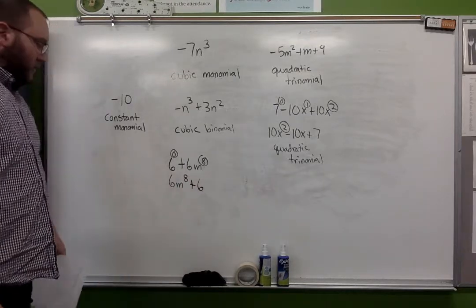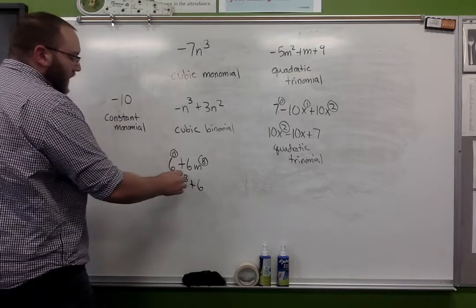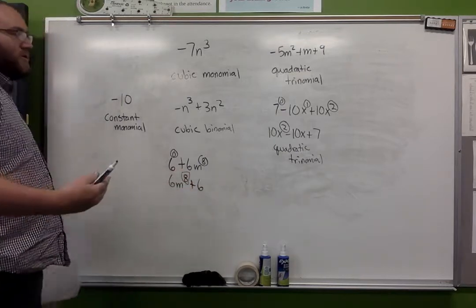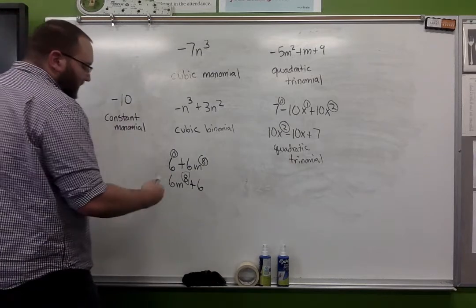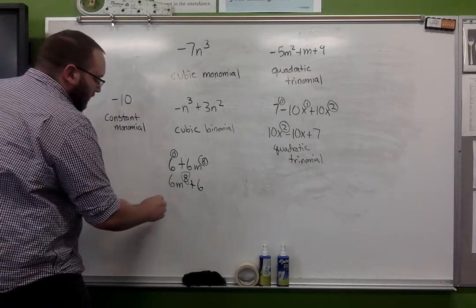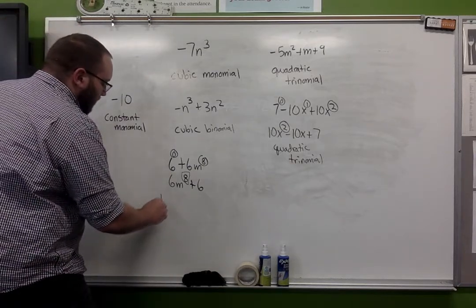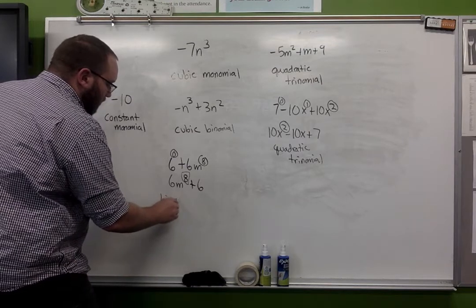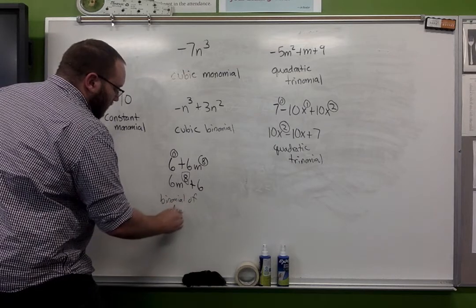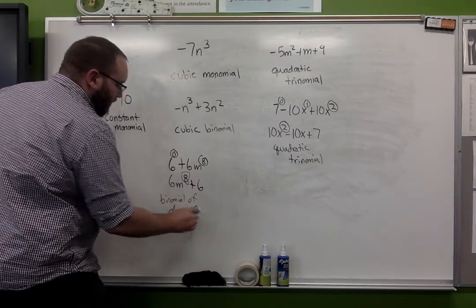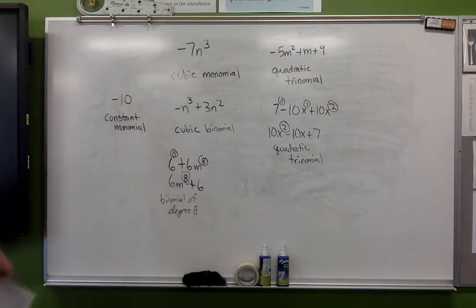There's two terms. Now this is a power of 8. I told you that it has a specific name, but if you see this just for now in this class, just write binomial of degree 8.